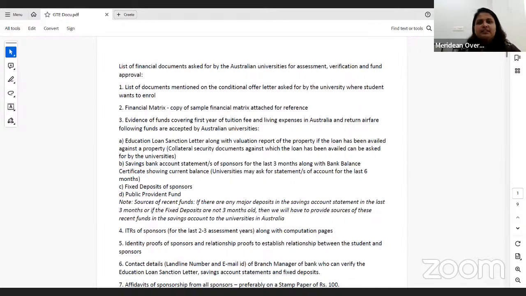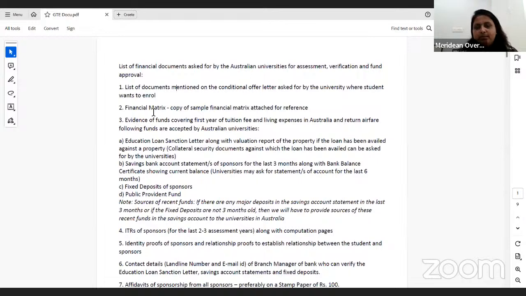So we'll start. When you receive an offer letter from the university, you need to give justification of your financial status to the university. It includes, first of all, any document apart from your academics, apart from your IELTS, if you have any deficiency, that the university will ask for in the conditional offer letter.